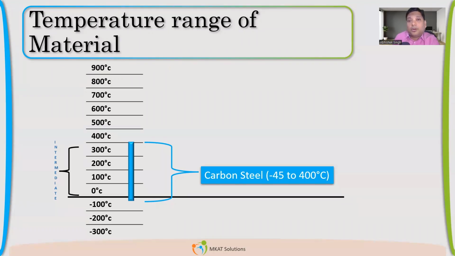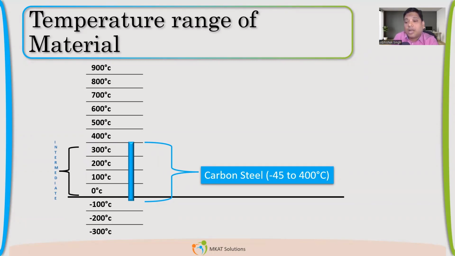So there is a temperature line, and I want to fix in your mind how these three types which we discussed, low carbon steel, low alloy steel, and high alloy, which is SS, fit in terms of temperature.